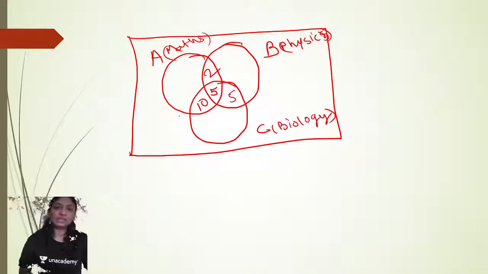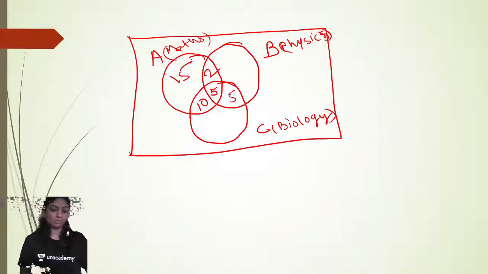Right? Now, the total number of students who study maths are 32. So 10 plus 5, 15, plus 2, 17. So 32 minus 17, you get here 15. Right? Now, the number of students who study physics are 20.